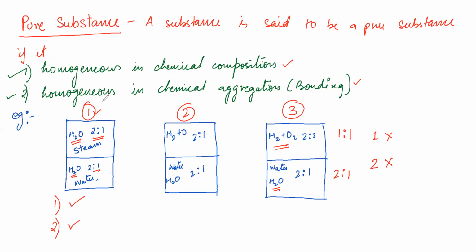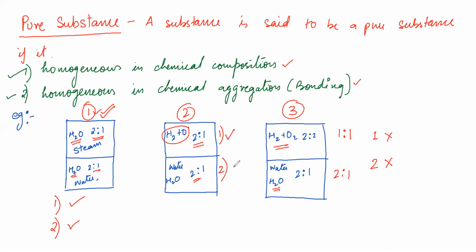Based on these criteria, we can say that these substances are pure substances. So the first one is a pure substance. Now let's talk about the second one. In the second case, you can see that the chemical composition is the same, but the bonding is completely different.